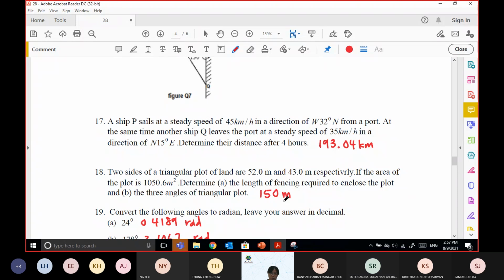Length of fencing, the 150 is for A, and the 3 angles to enclose the plot. 3 angles of the triangular plot. So for part B, there are 3 angles.